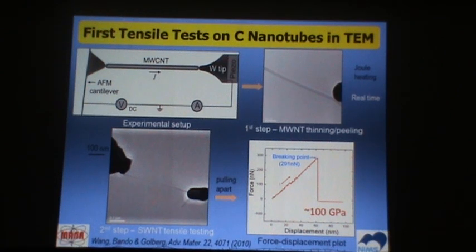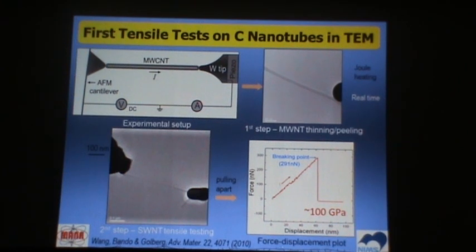But it's very difficult to work with a single-layer carbon nanotube because it's so thin. It's almost invisible, so it's difficult to clamp it and difficult to see it. And we decided to start with a multi-walled carbon nanotube, which was clamped between a tungsten probe and a conducting AFM cantilever.